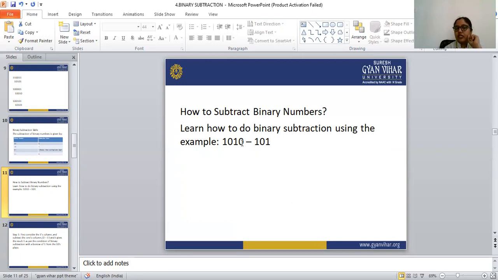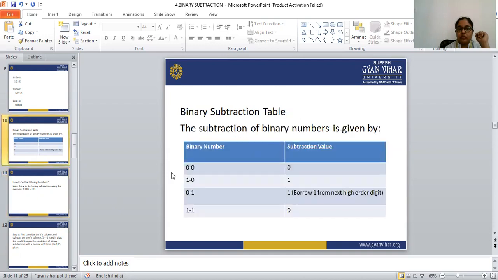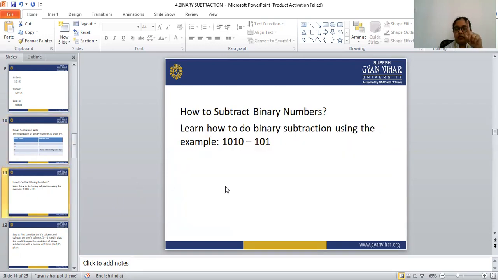Since this 0 already borrowed 1 from here, this place becomes 0. So look at this: 0 minus 0 is 0, as per the rule. So we write the first digit 1, then 0.